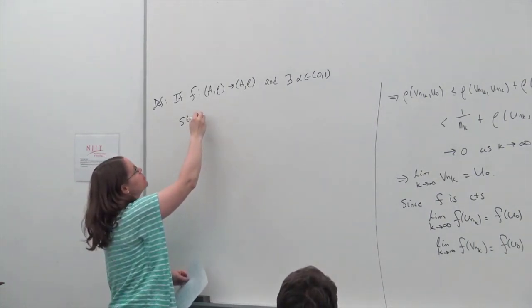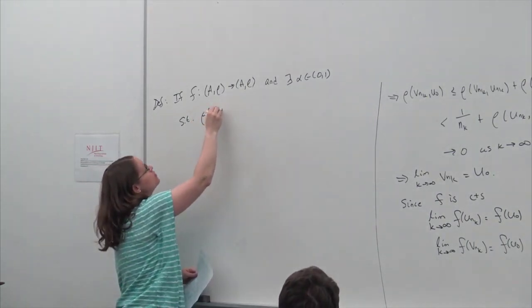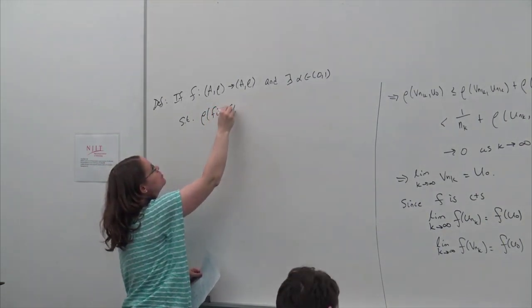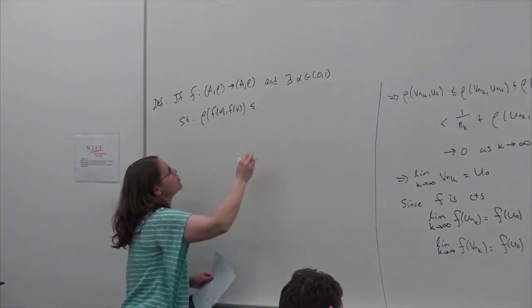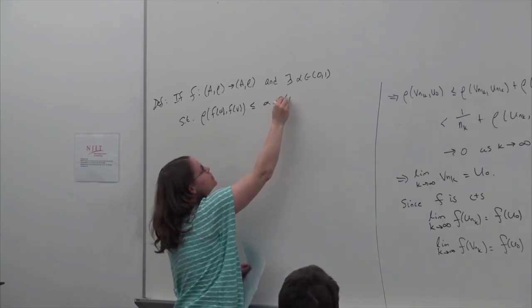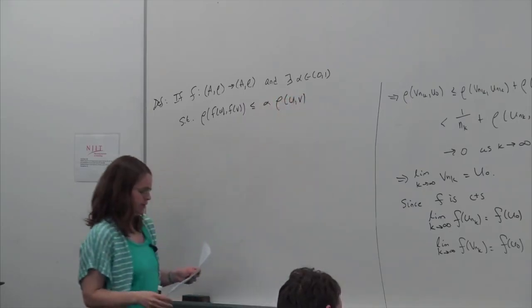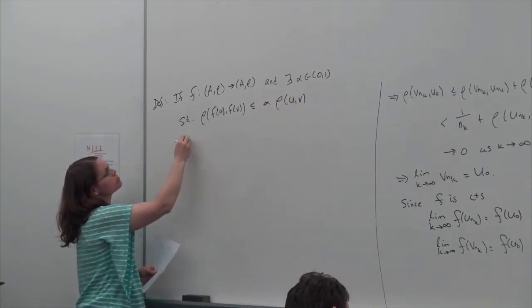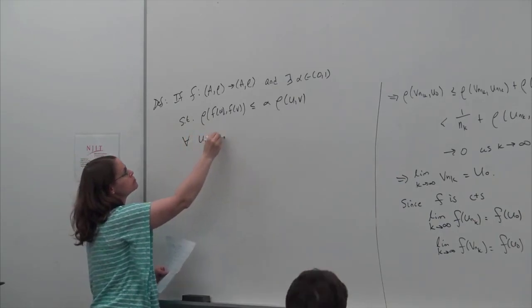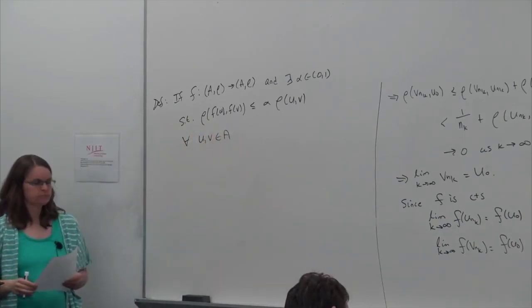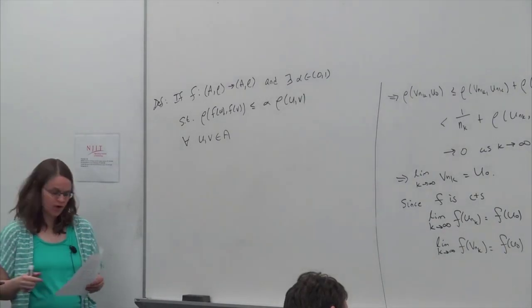So I'm going to say that the distance between f of u and f of v is less than or equal to alpha times the distance between u and v. So things got closer together. All right, this we call a contraction.